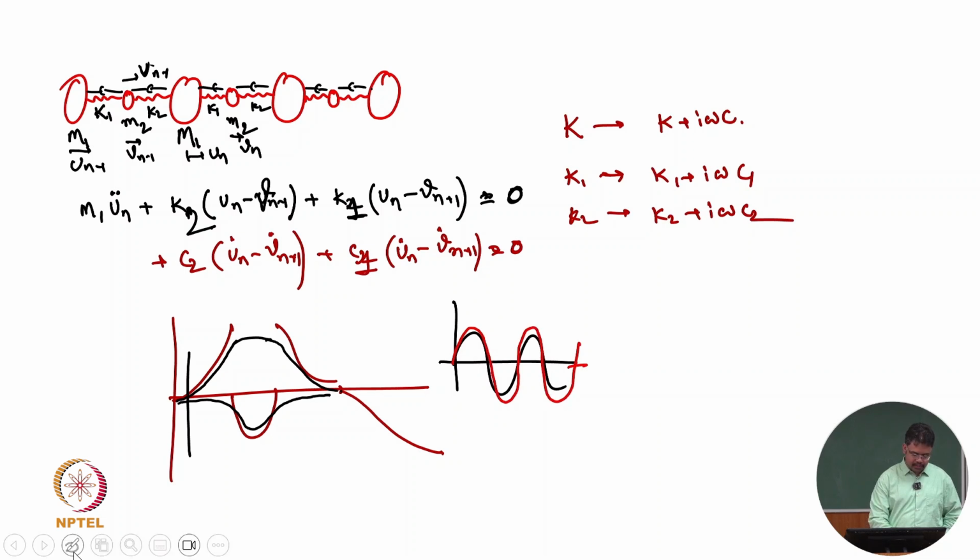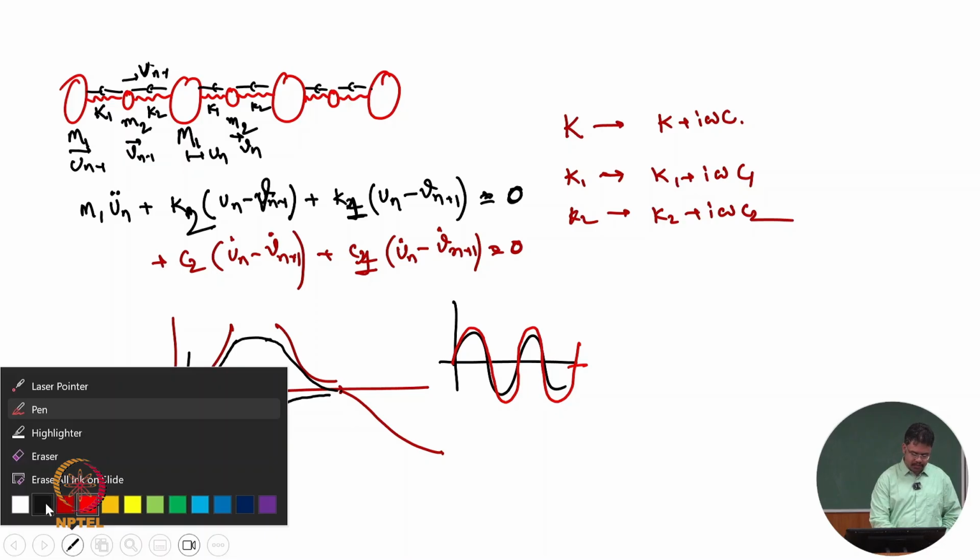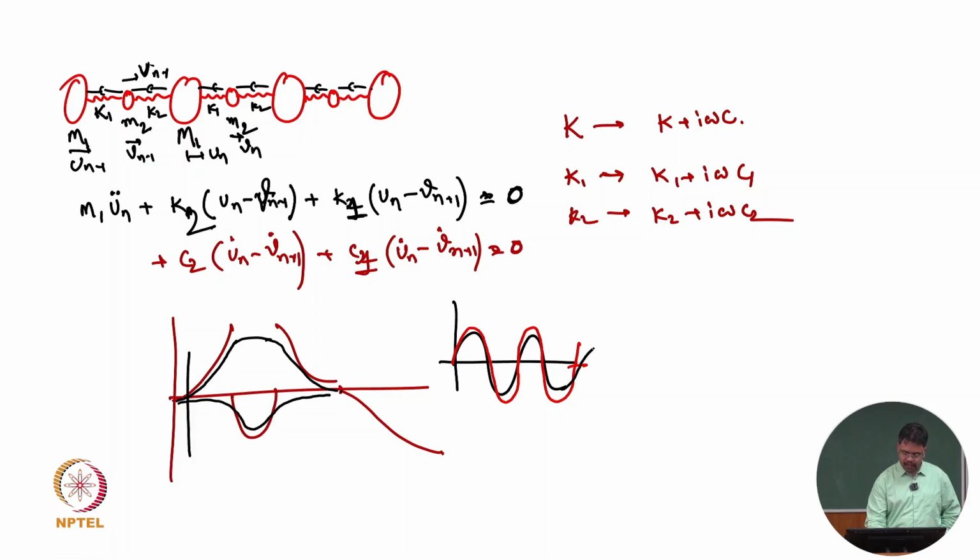But in this case, like the black one, you can see that from the beginning, even for very low frequency, your wave will start getting attenuated at a small level, because of the presence of the imaginary part, and that is causing the spatial attenuation. Why is spatial attenuation happening here? Because the system inherently has damping.